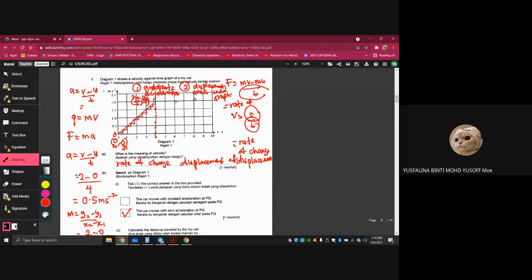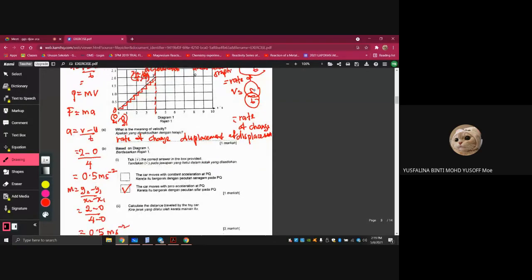When you calculate the value, this one is distance because there is no negative side, meaning the object travels in one direction only. So it's okay. If you want to find the distance, you just find the area under the graph.